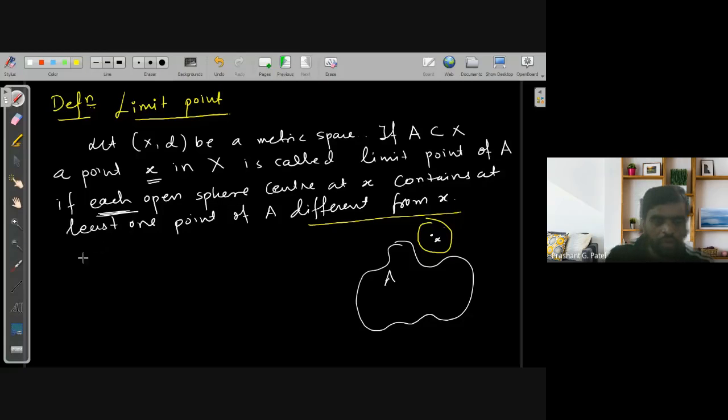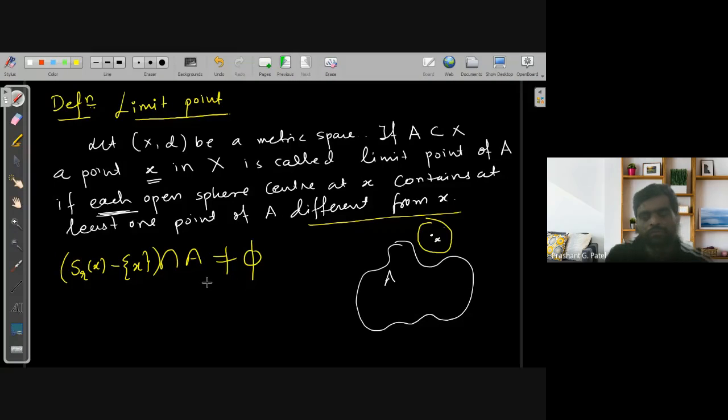So in notation, it can be written as: S_r(X) minus {X}, intersection with A, is non-empty for every r greater than 0.